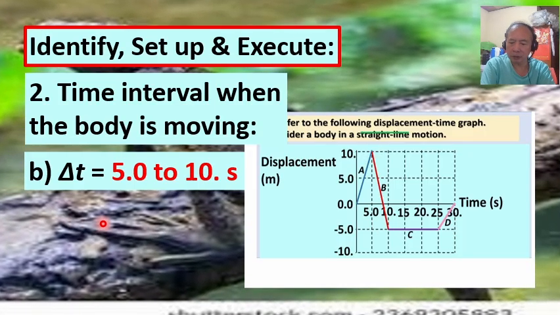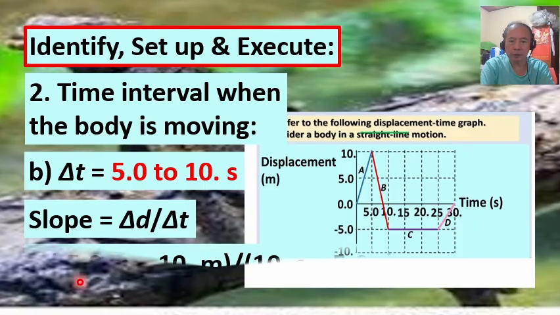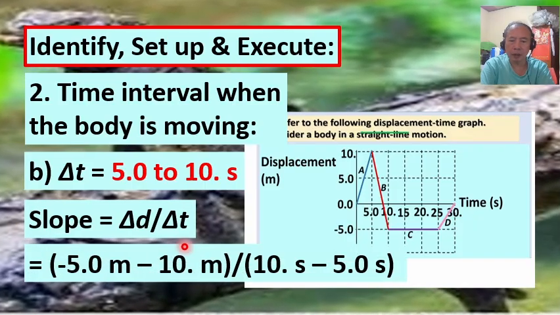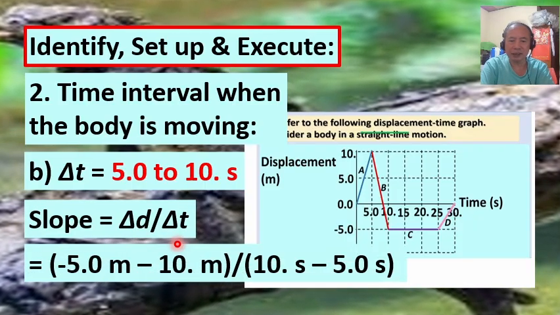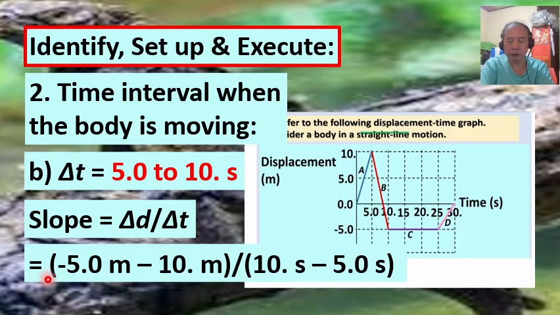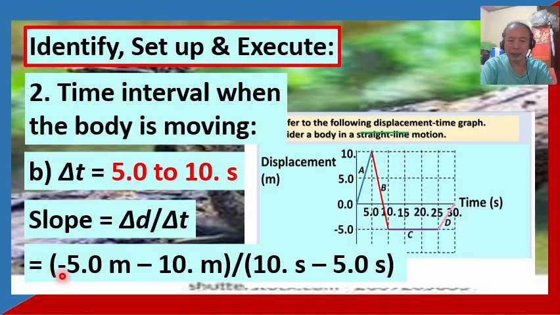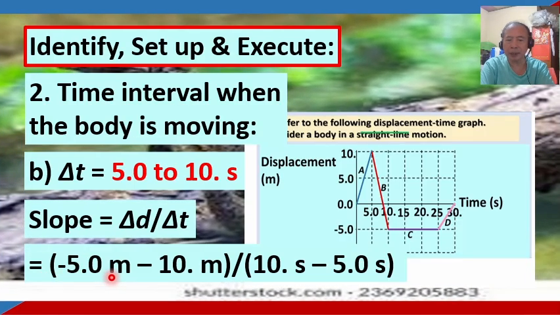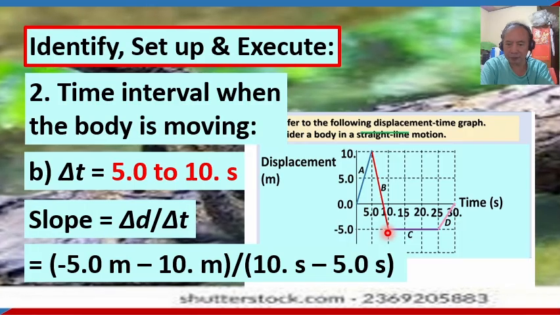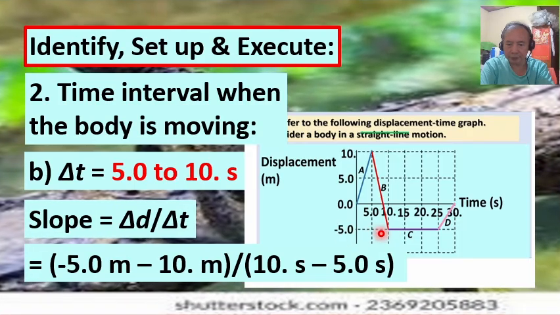To show that, we have delta d over delta t, which is equal to the quantity negative 5.0 meters. This is the final displacement, right?